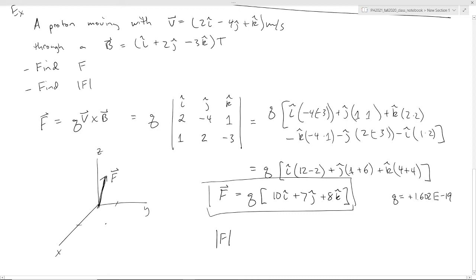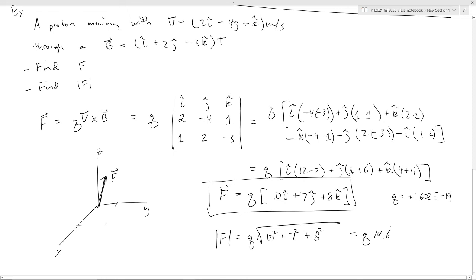To do that, you can use the Pythagorean theorem in 3 dimensions. So this would look like the square root of q squared times the square of each of these components. We could factor out the q, and then you'd be left with the square root of 10 squared plus 7 squared plus 8 squared. And this would look like q times 14.6 or so.